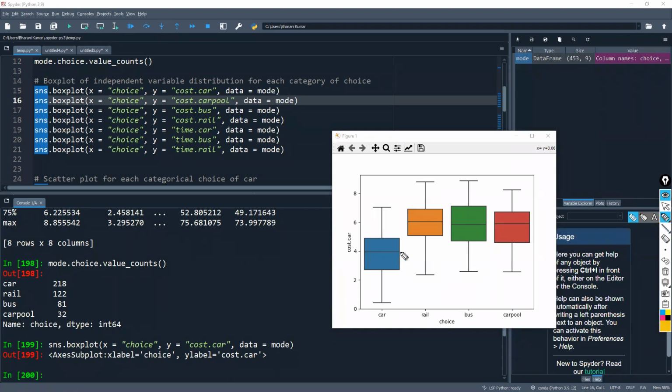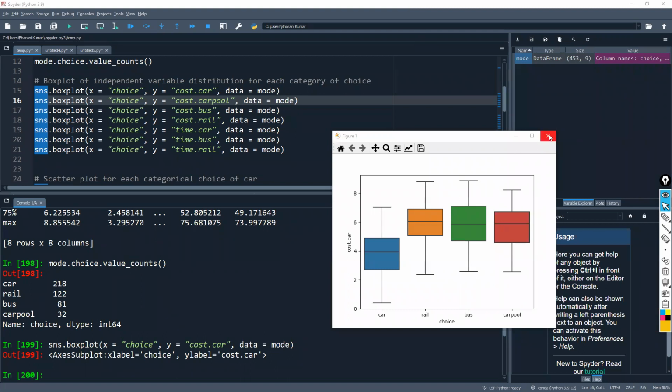If you look at the median of cost of car, it's much less in comparison to rail, bus, and carpool. So the median cost of car is less in comparison to all these three. The next least is bus, but then bus, rail, and carpool median costs are more or less the same.